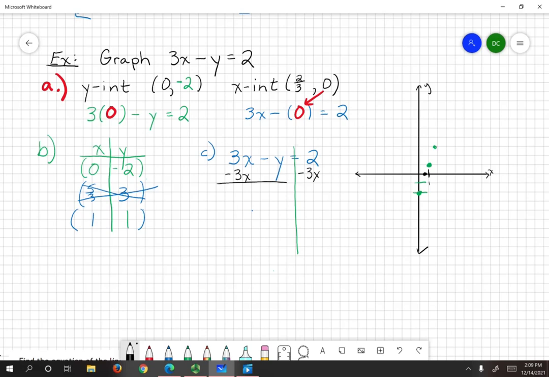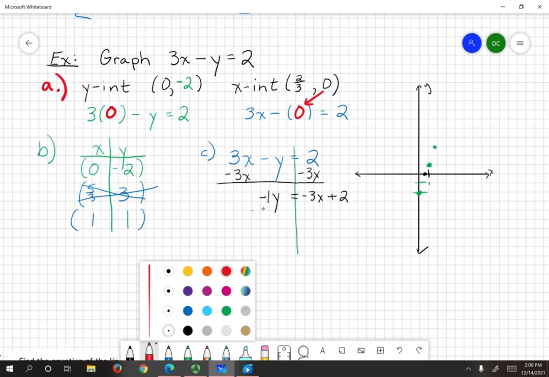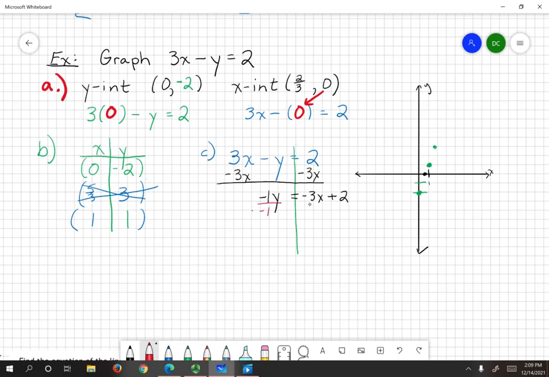And if I do that, I get negative y equals negative 3x plus 2. Remember what that negative means. It means there's a 1 hiding. So I'm going to divide each piece by negative 1.